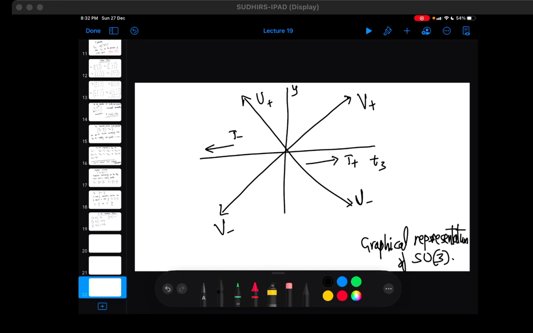So now let's look at it: every SU3 representation is characterized by two quantities, which are two integers called P and Q.